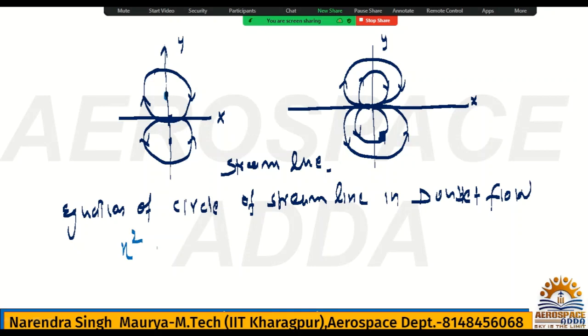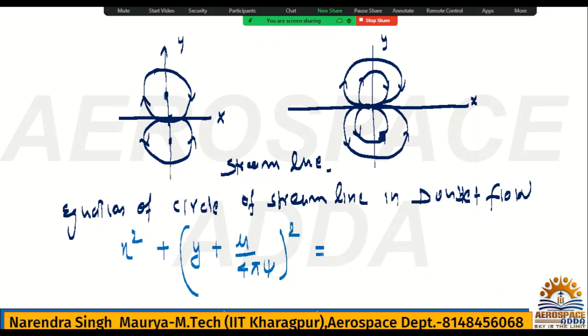So equation will be x square plus y plus mu divided by 4 pi psi is equal to mu upon 4 pi psi square.